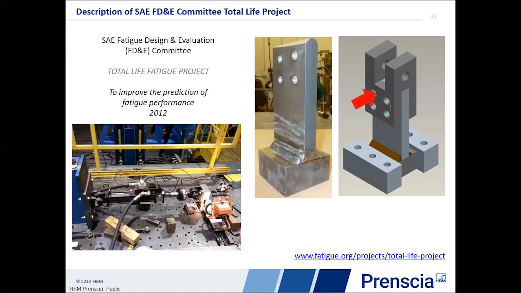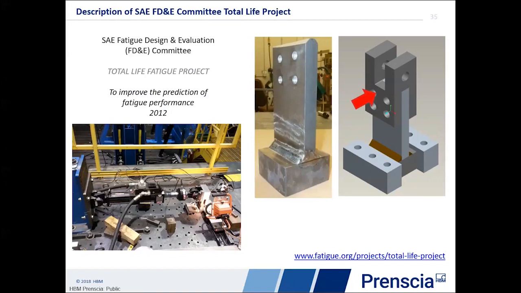What they were looking to do was to try to validate this concept of total life, total life being both initiation and crack propagation, to describe welds. And to do this, they went through a very detailed project where they created welded specimens. They also created machined specimens that matched the weld geometry without the welds in them.